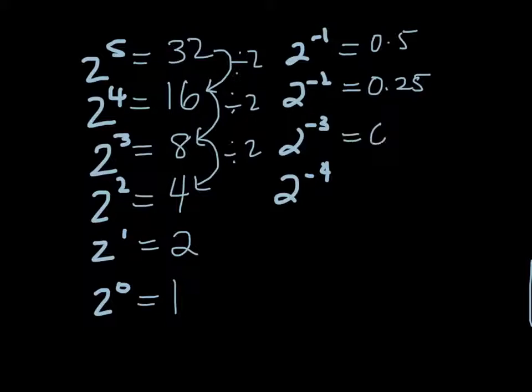Then this should be 0.125. And finally, 2 to the power of negative 4 should be 0.0625. I'm going to ask you to pause the recording and double check all of these on your calculator. Just do 2 to the power of, make sure it's a negative, and check to see if these numbers are right.